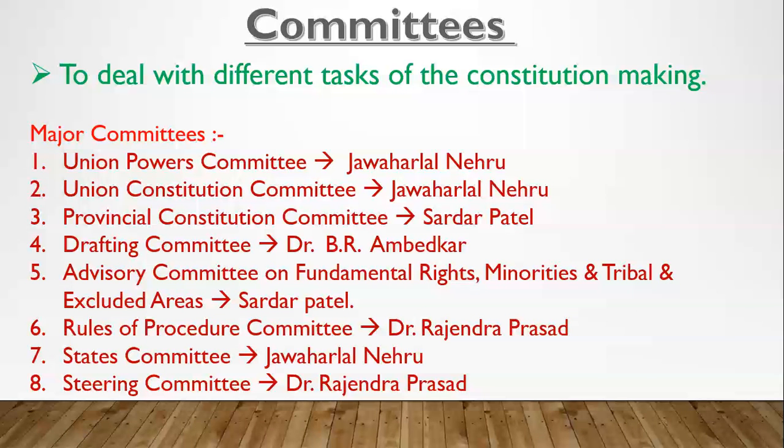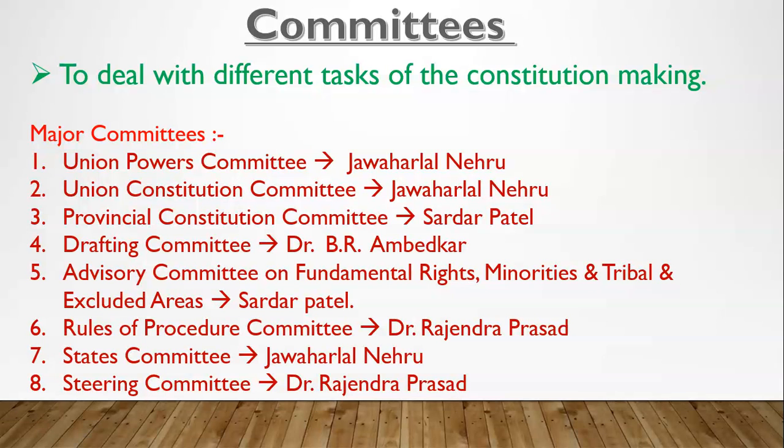Okay, so there were different functions of different committees. For example, the Union Constitution Committee was responsible for making the constitutional provisions of the central government. The Provincial Constitution Committee was responsible for discussing and deliberating on the provisions relating to the provinces or the states. Similarly, the Drafting Committee was responsible for making the draft of the constitution.